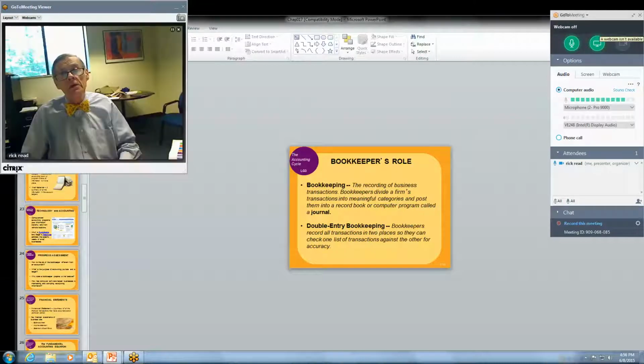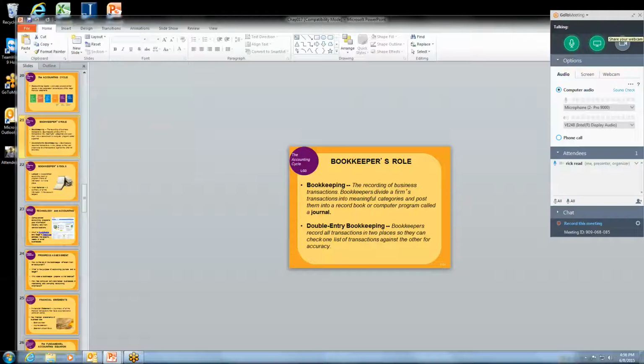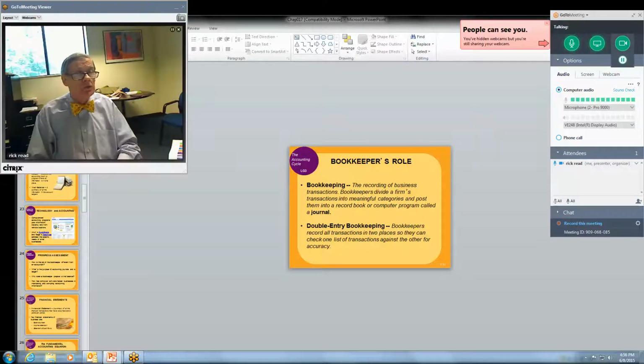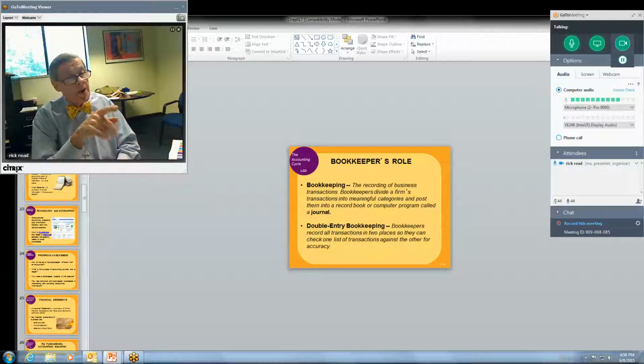Now here is the bookkeeper's role. He or she is to record the transactions and put them in some categories that make sense. And then they're going to post these into a record book, or for the most part today, into some sort of a computer system.